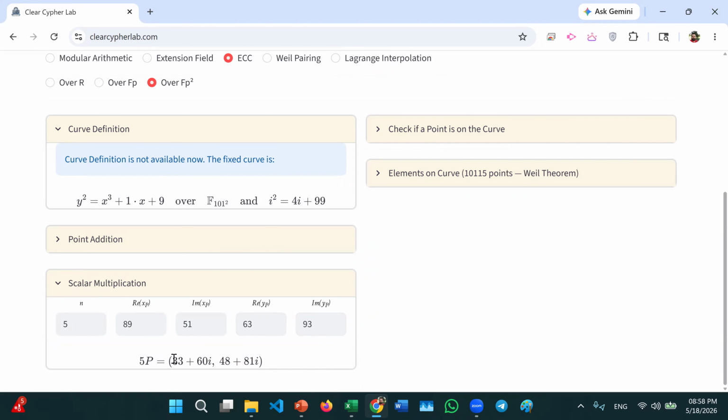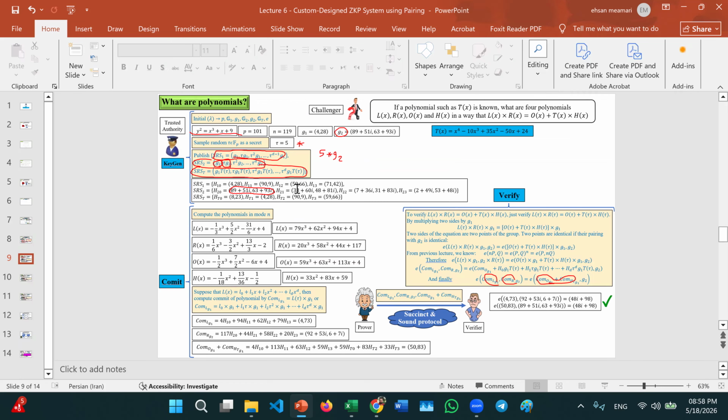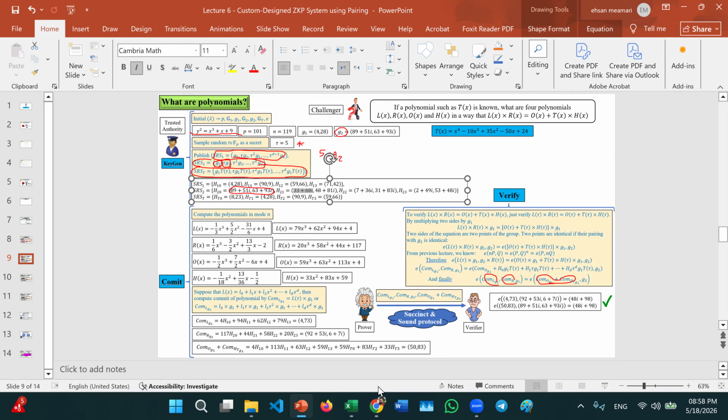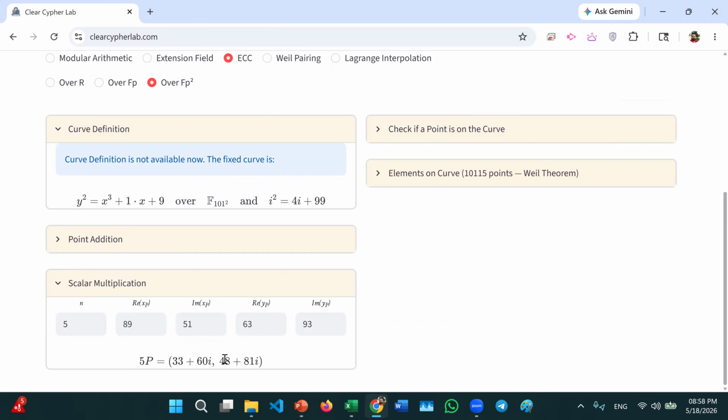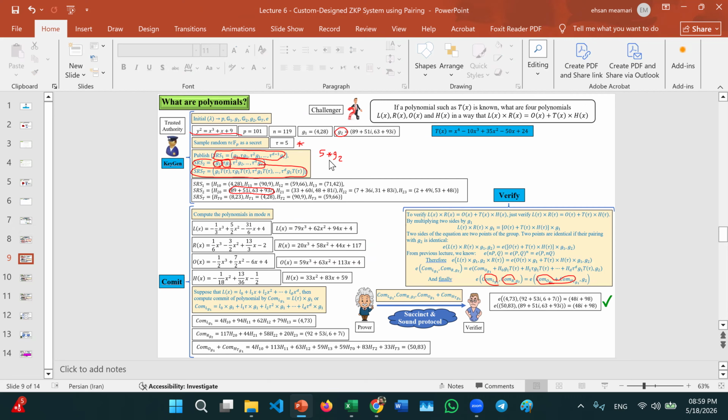And the value equals 33 plus 60i and 48 plus 81i. Right, so this is the value of 5 multiplied by G2.